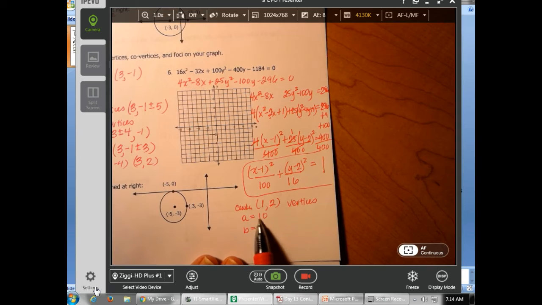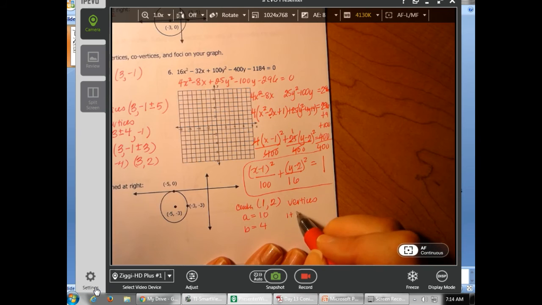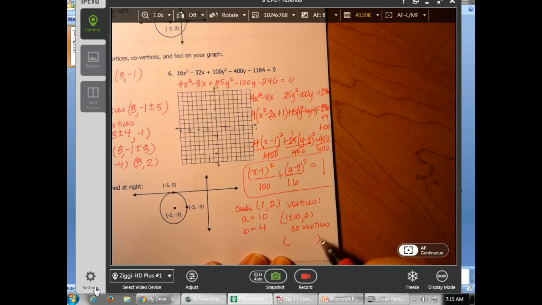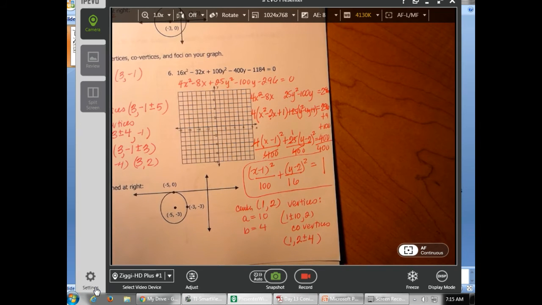So I'm going to add and subtract the 10 from my x here, the center. Okay, so I have 1 plus and minus 10, comma 2. Those are my vertices. My co-vertices are going to be, when I add and subtract this 4 to the y, I'm going up and down 4. So I have 1 and I have 2 plus and minus 4. So those would be your co-vertices.